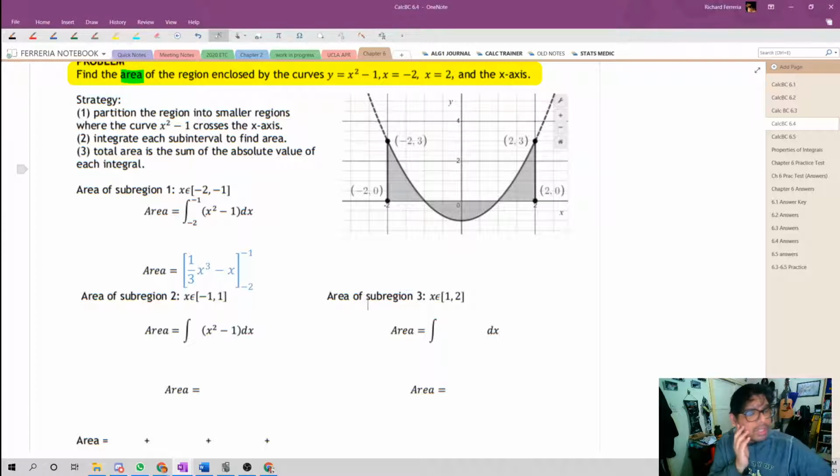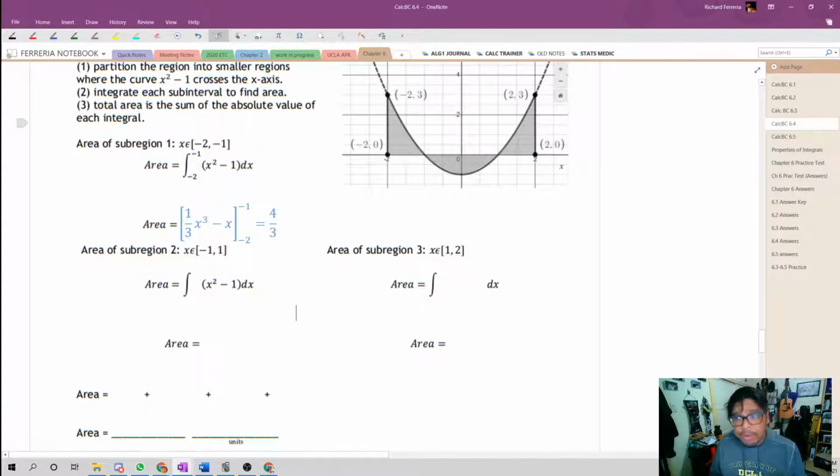We've just used it so often that we just have that memorized. And then the antiderivative of 1 is x, because the derivative of x is 1. So that one is pretty easy, and when we evaluate that, I'm not going to make a big fuss about it. You're going to get 4/3. Again, I'm going to leave that work up to you. It's just some simple algebra stuff.